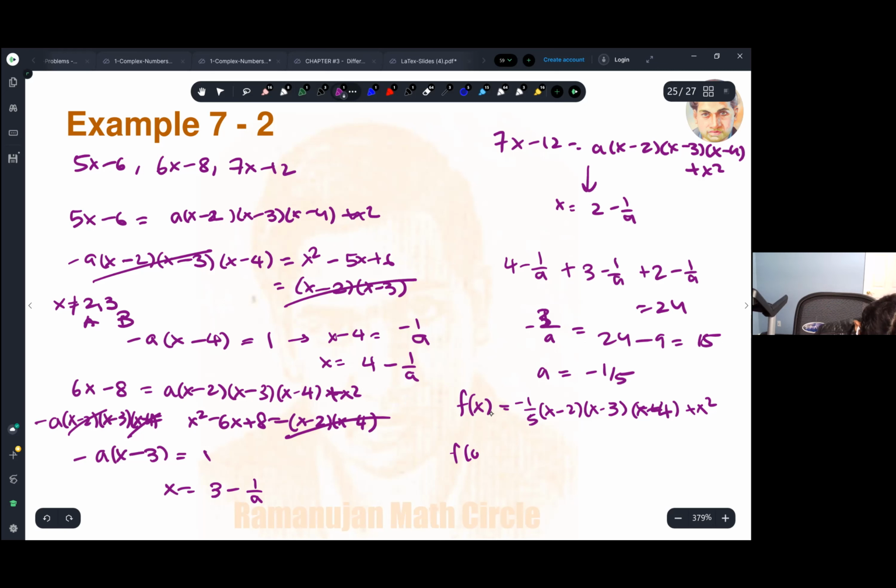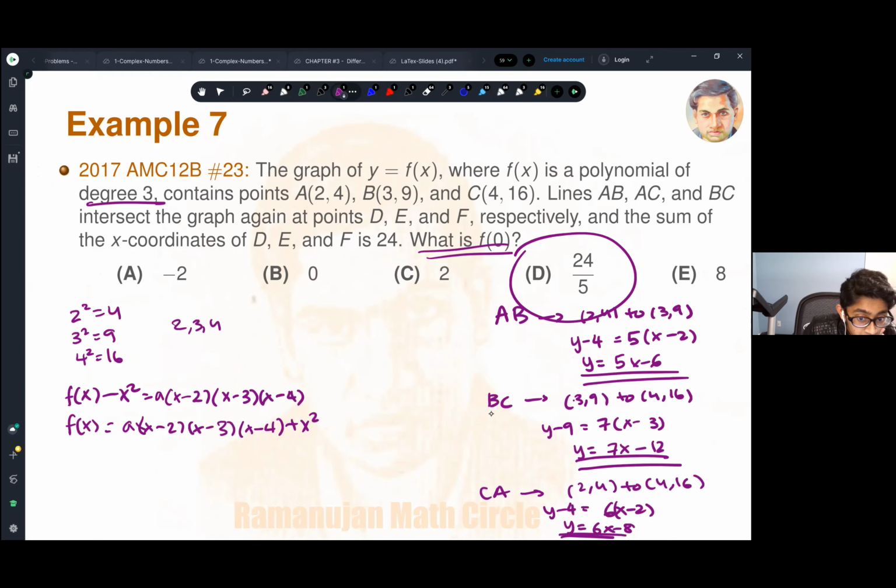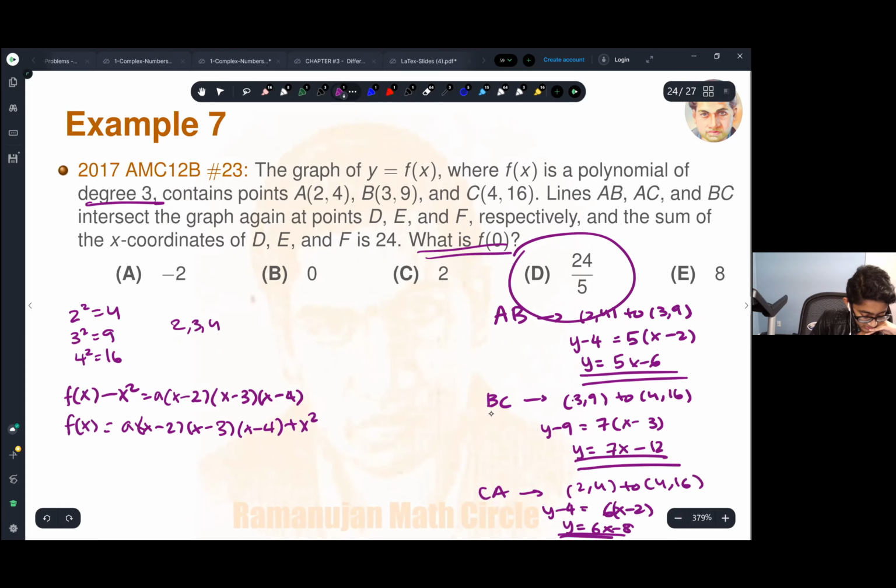So f of 0 is equal to negative 1/5 times negative 2 times negative 3 times negative 4, and then plus 0. And then this would be 24 over 5. So we answered D. So yeah, that was basically what the problem was, and it just came down to trying to factor and cancel out things really smartly.